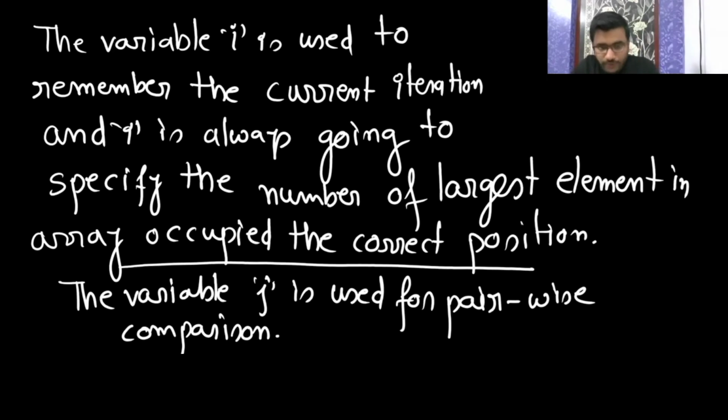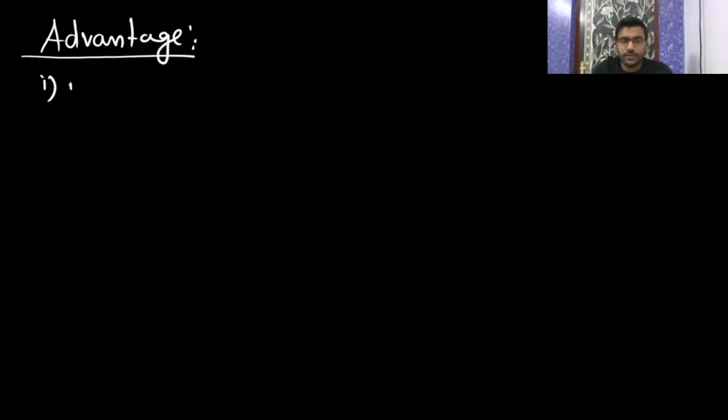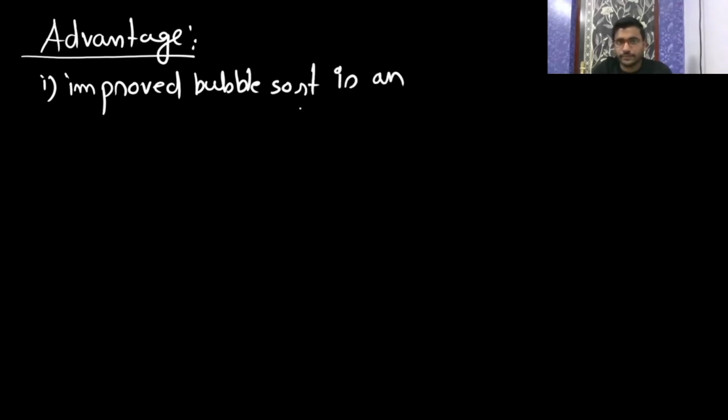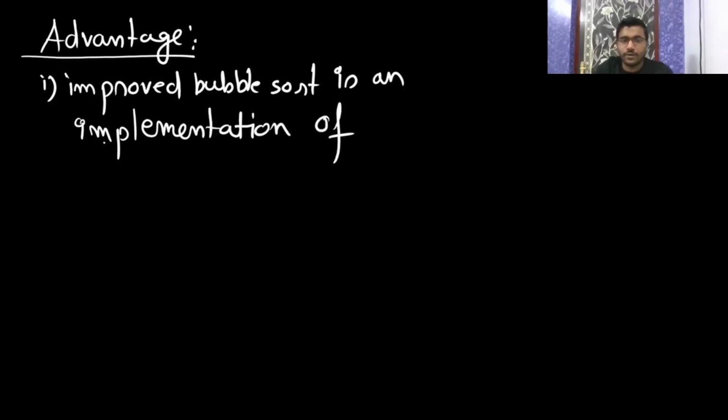Now we are going to see the time complexity, and you can also write a note. So advantage: improved bubble sort is an implementation of adaptability.